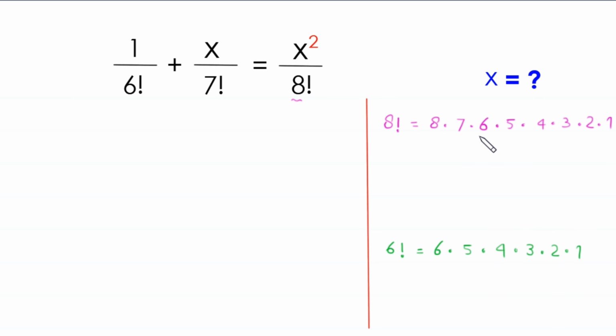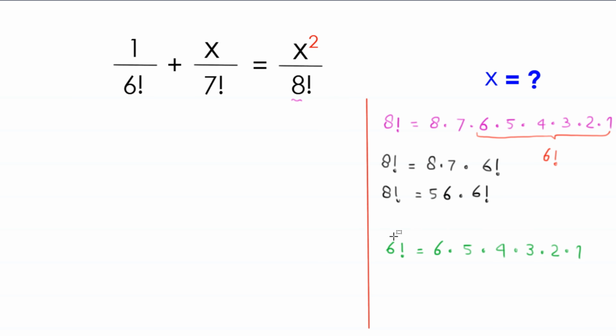Means that from here 6 times 5 times 4 times 3 times 2 times 1 is 6 factorial. So we can rewrite 8 factorial as 8 times 7 times 6 factorial, and this will become 8 factorial is equal to 56 times 6 factorial.